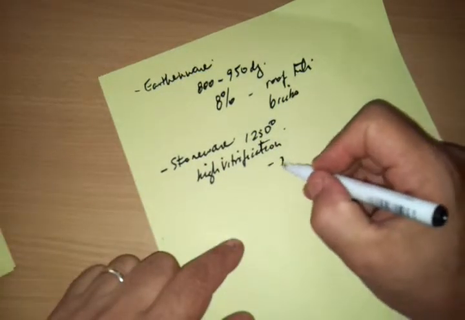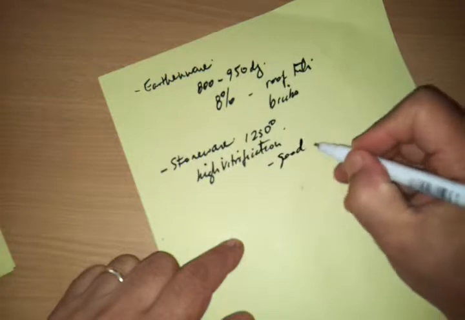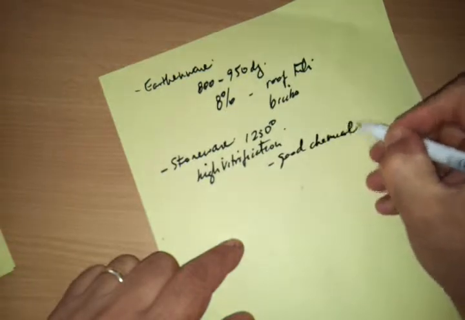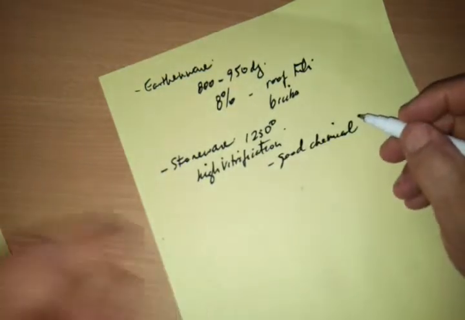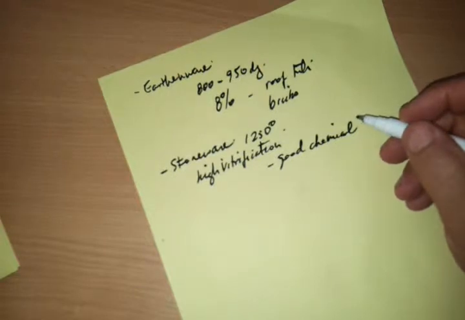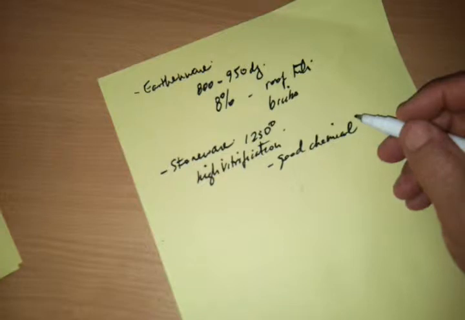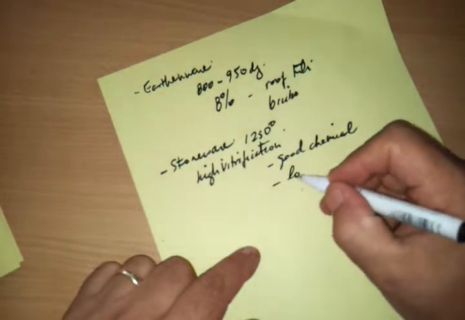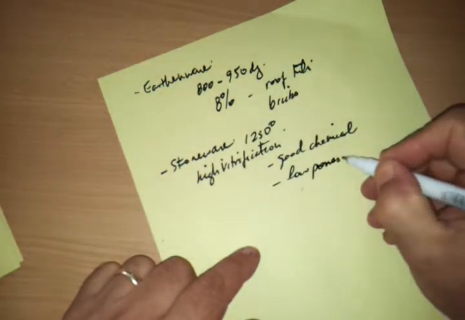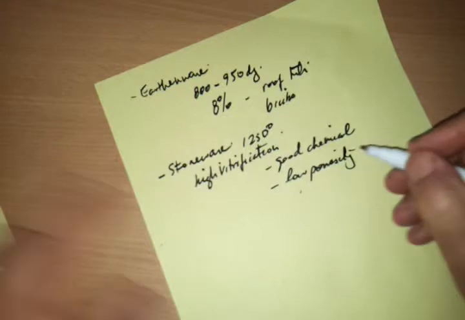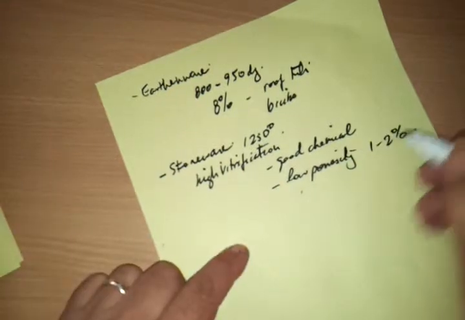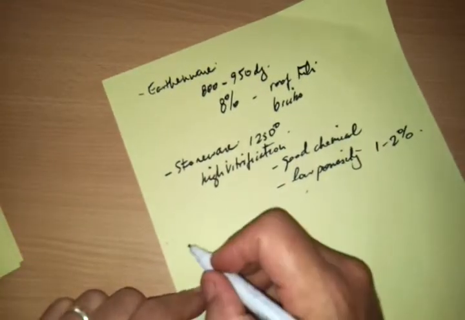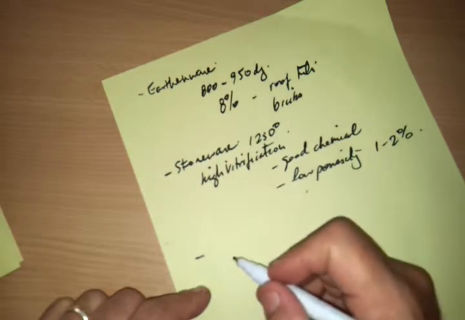It has very good chemical resistance, so it doesn't readily respond to losing its electrons or breaking its molecular structure down with acids or anything else. And also it has very low porosity, between 1 and 2%. So if you want to contain fluids, you don't want them to escape, stoneware is a good solution for that.